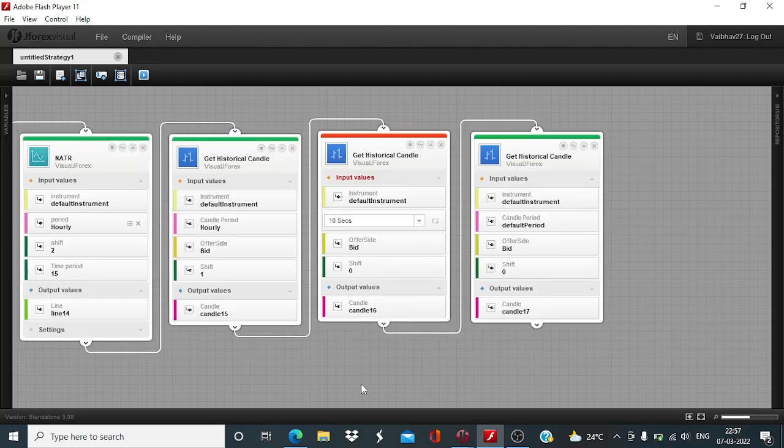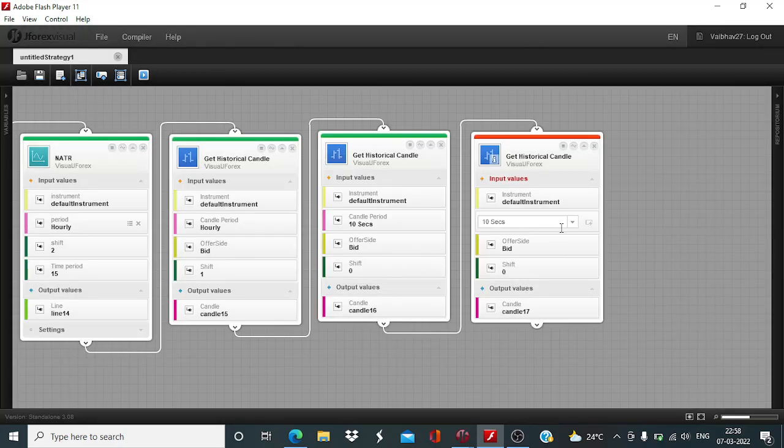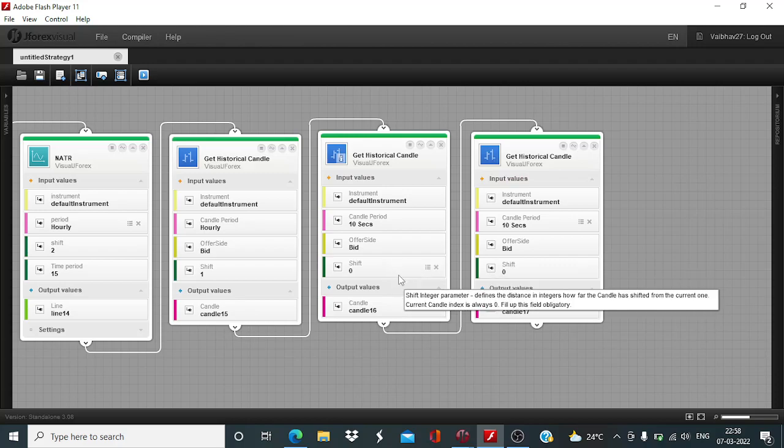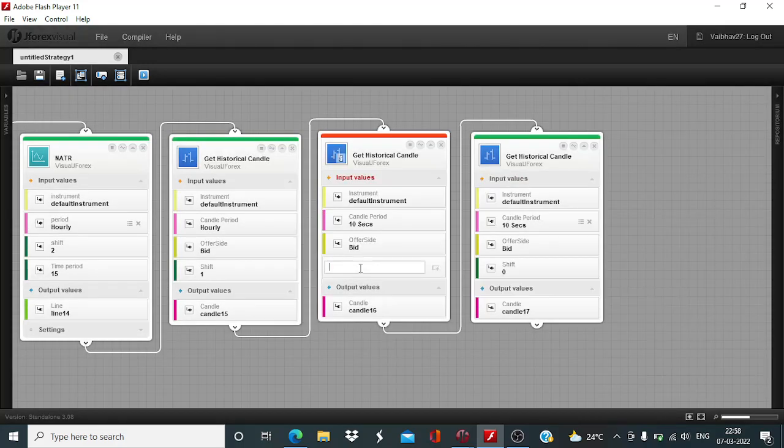The candle period is going to remain at 10 seconds for both of these, and the difference between the two is going to be this shift value of 1 and 2 respectively.